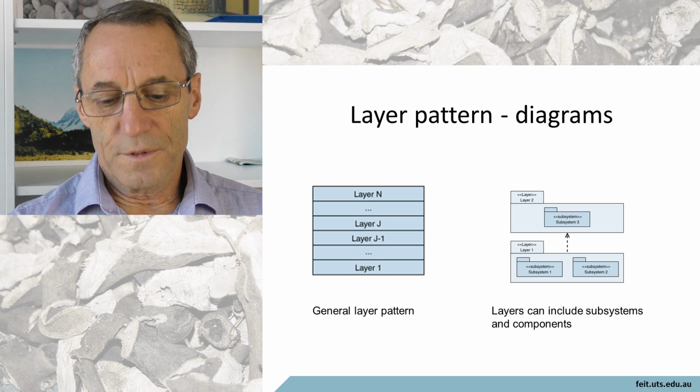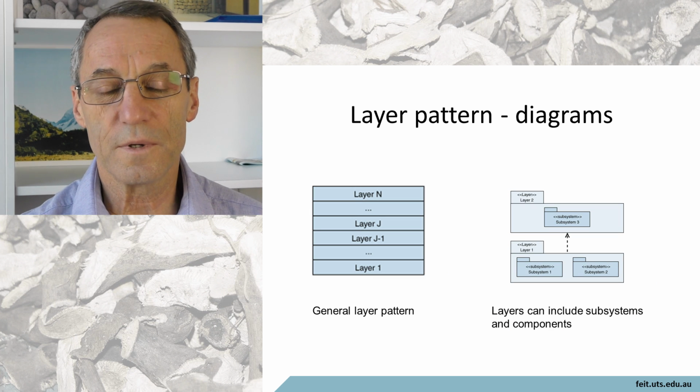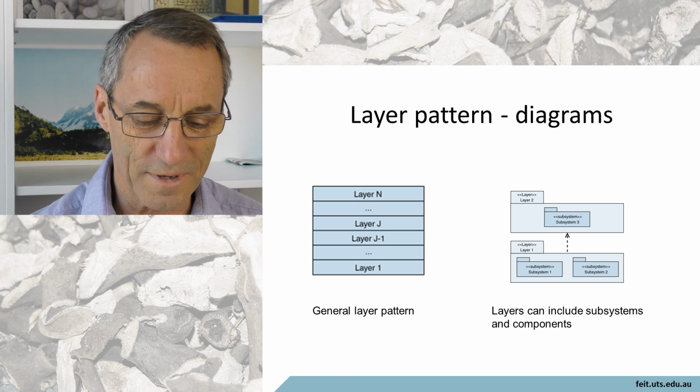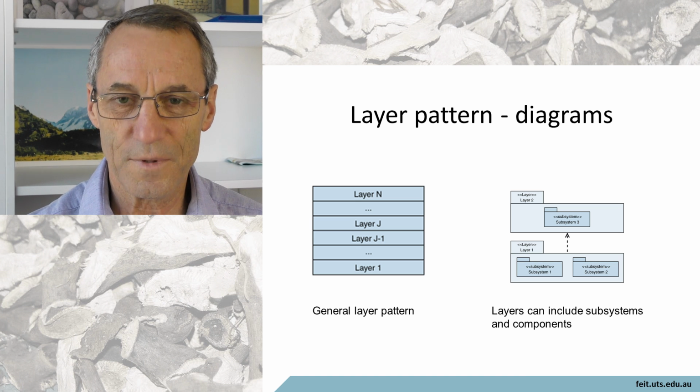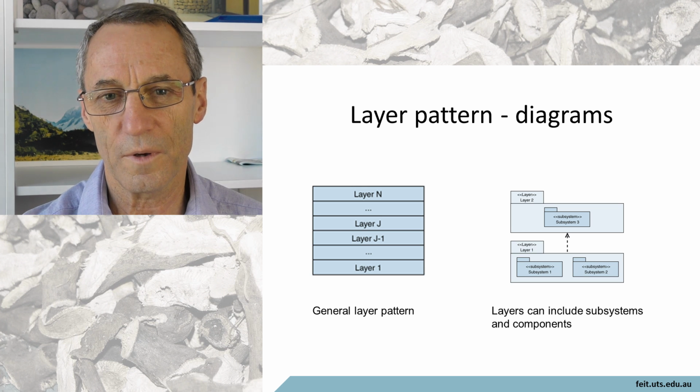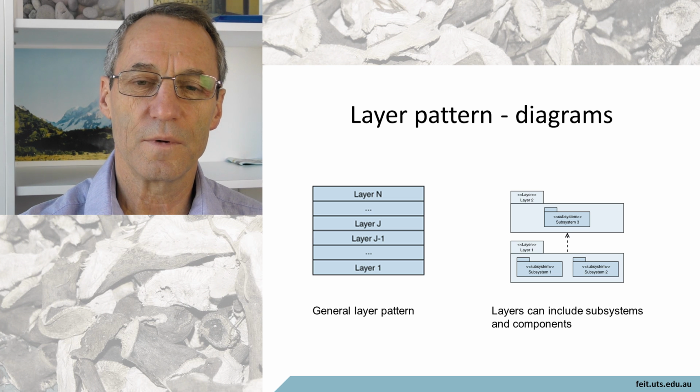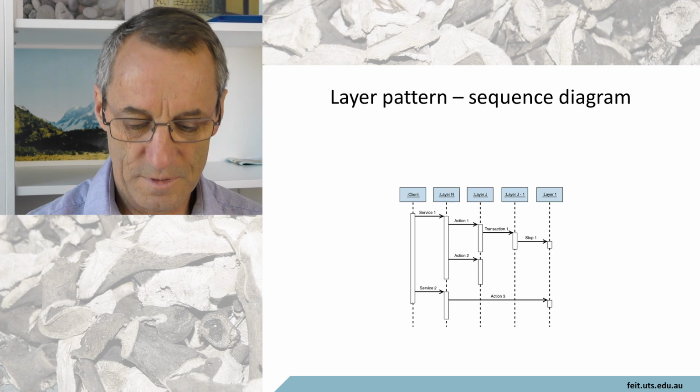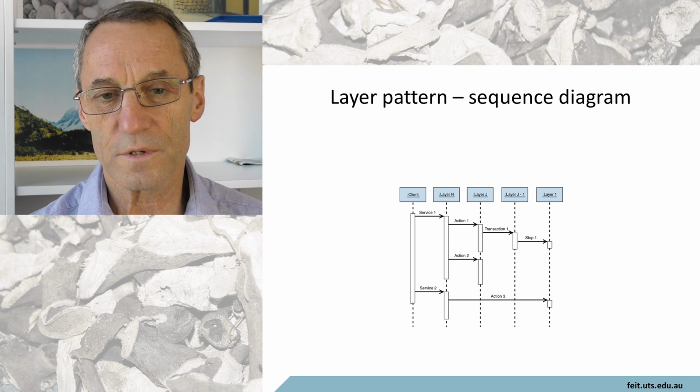Layer pattern, when you draw it as diagrams, it's pretty easy. You just get basically a layer cake, and in UML it's shown as one component depending on another. In a sequence diagram, it probably is a little bit more evident.